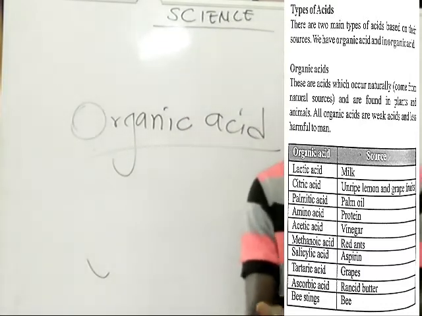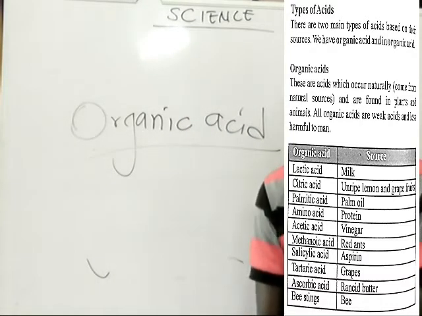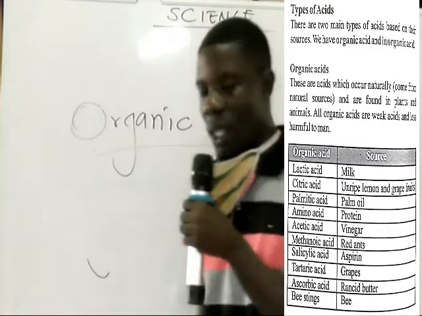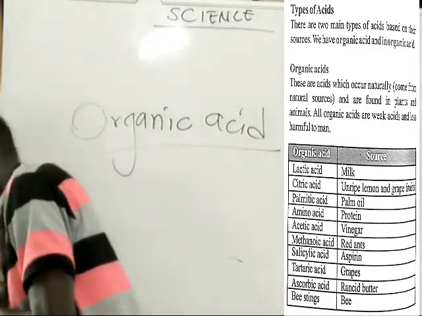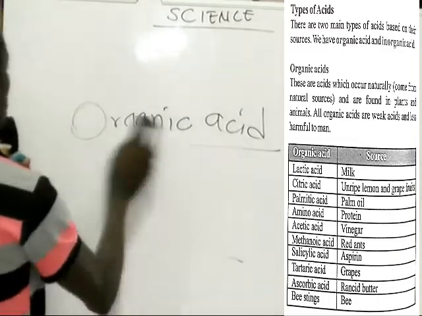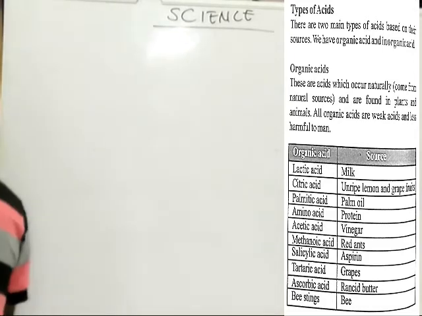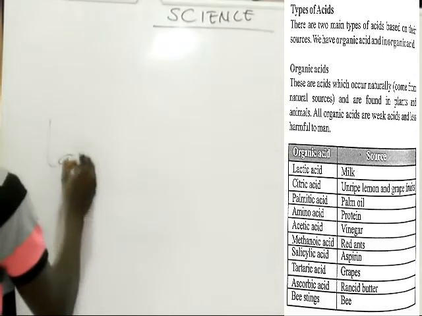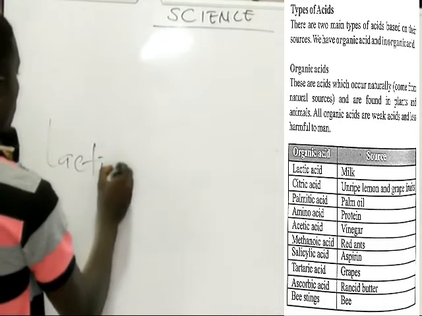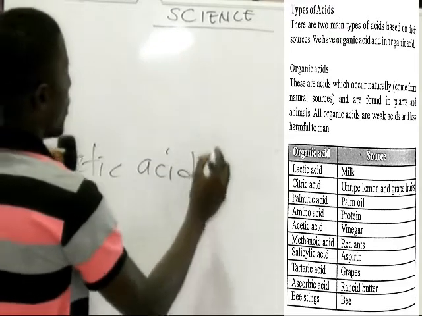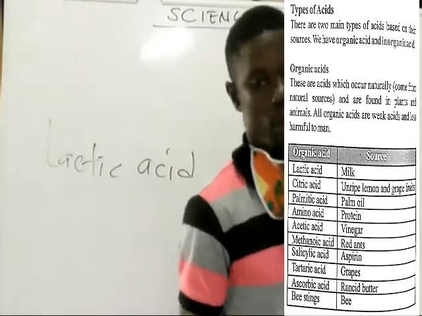Now we have the table on your screen. We have organic acid and its source. The first one is lactic acid. Its source is milk.